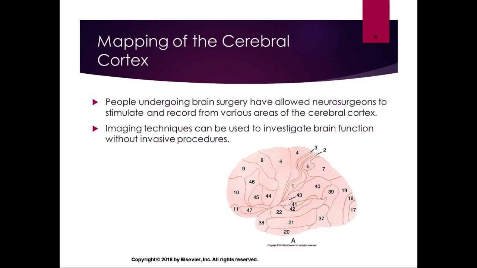So people who were undergoing brain surgery, to remove a tumor or something like that, in the past have allowed neurosurgeons to stimulate and record from various areas of the cerebral cortex. Now we can use imaging techniques to do that, so we don't need invasive procedures, but this map that's pictured here and several like it were developed by a neurosurgeon named Brodmann, and they're called Brodmann's areas.